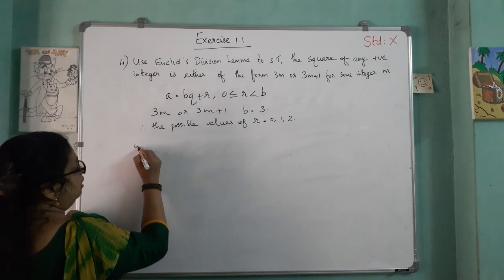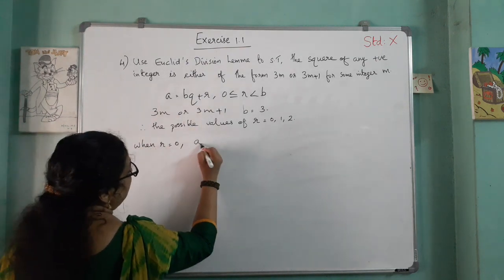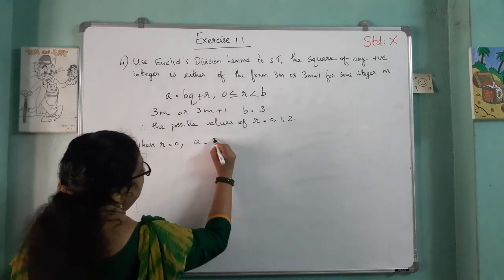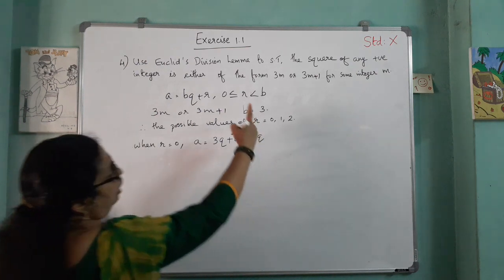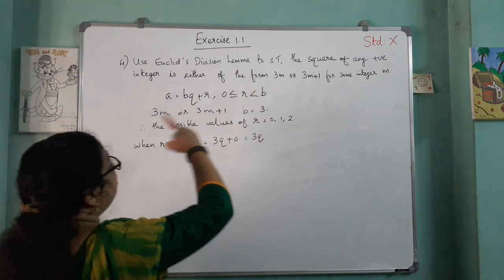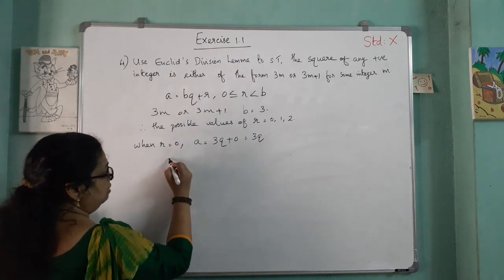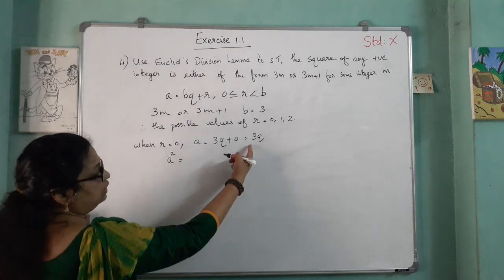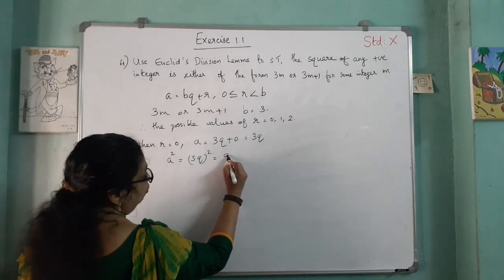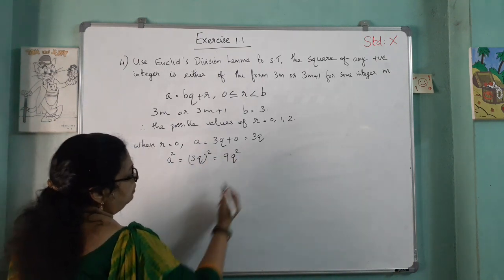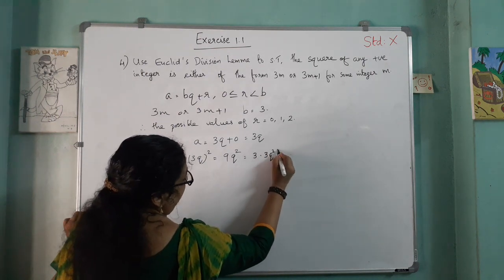So when r equal to 0, this equation becomes a is equal to 3q plus 0, which is equal to 3q. To show the square of any positive integer, we must square both sides. So a square is equal to 3q the whole square, that is 9q square, which is equal to 3 into 3q square.